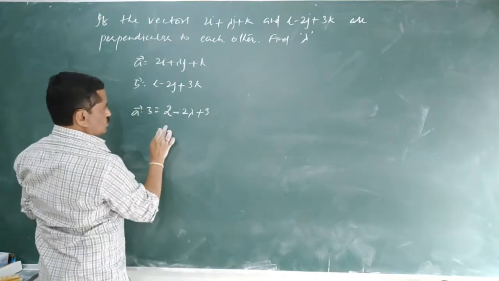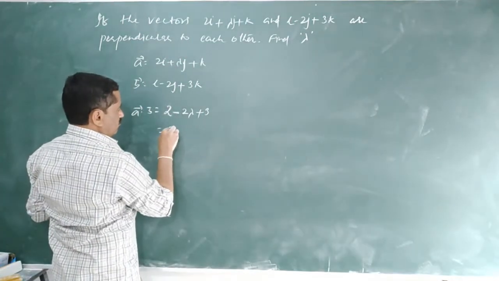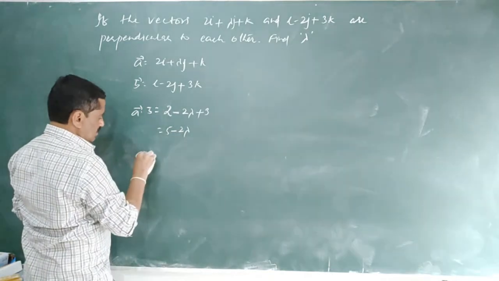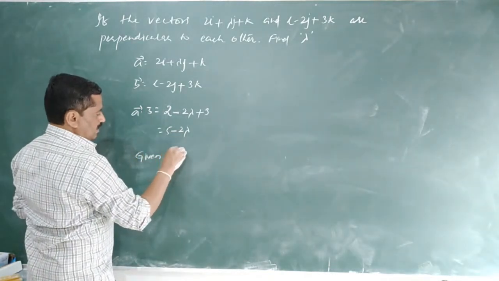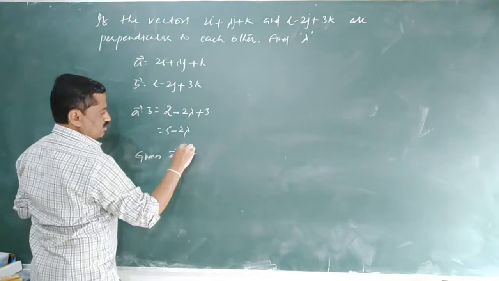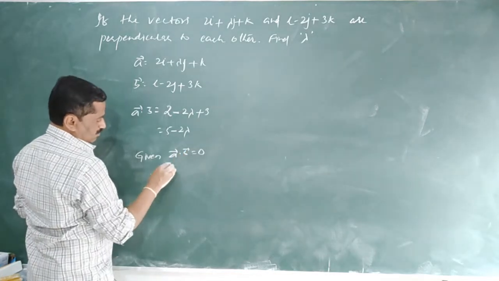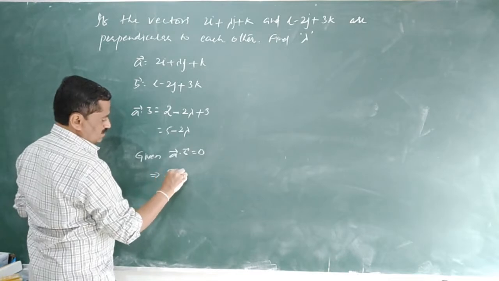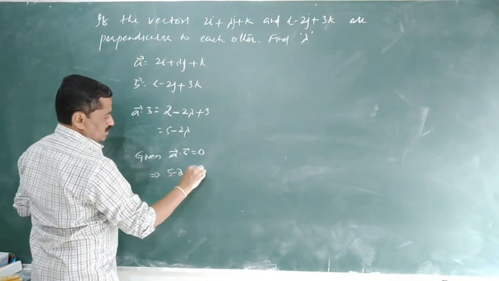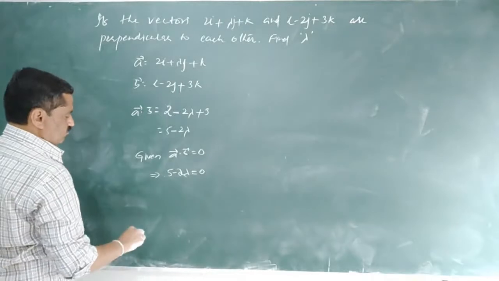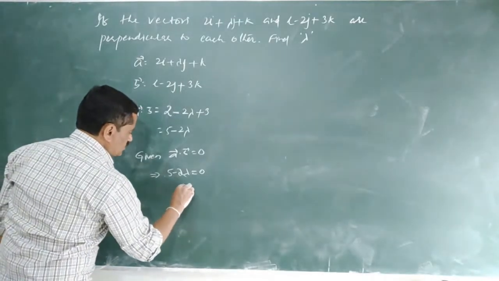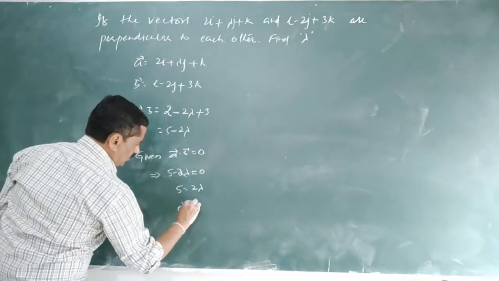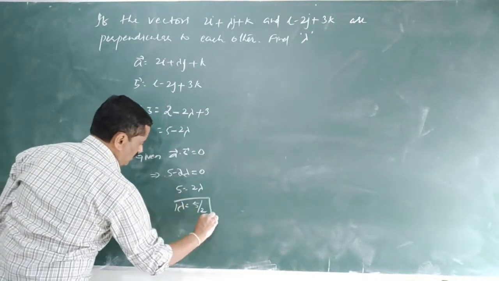Again that is equal to 5 minus 2 lambda, but given a bar dot b bar is equal to 0, that implies 5 minus 2 lambda is equal to 0. Therefore 5 is equal to 2 lambda, therefore lambda is equal to 5 divided by 2.